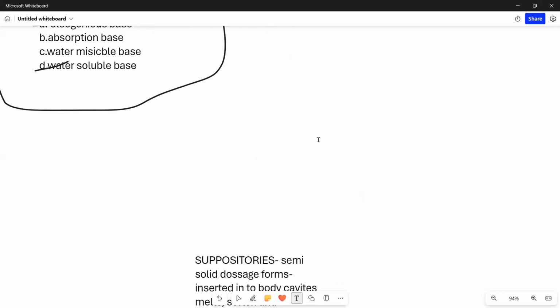So coming to the next, there are types of suppositories which are administered to the different body cavities.